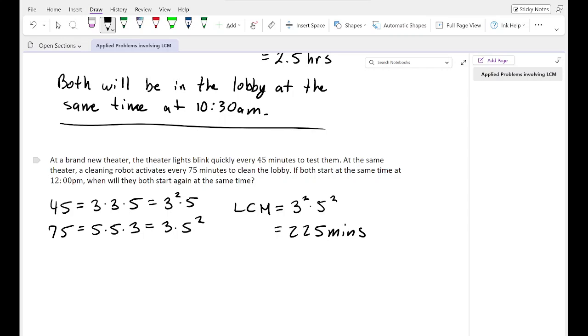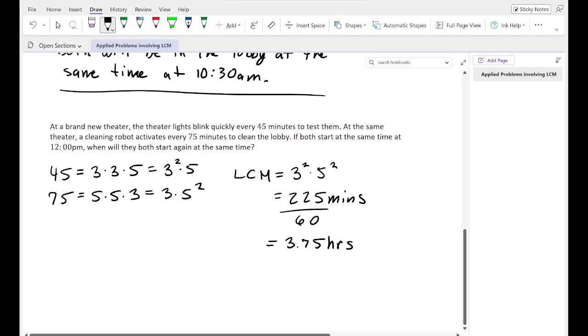But like the previous question, this is in minutes, but I'm going to try to find some specific time. So I'm going to divide this by 60 to know how many hours have passed. And it's going to end up being 3.75 hours. And if you're unfamiliar with 3/4 of an hour, that would just be 45 minutes. So I'm going to take my 3.75 and add it to 12 p.m. and I'm going to end up getting 3:45. So when will they both start again at the same time?